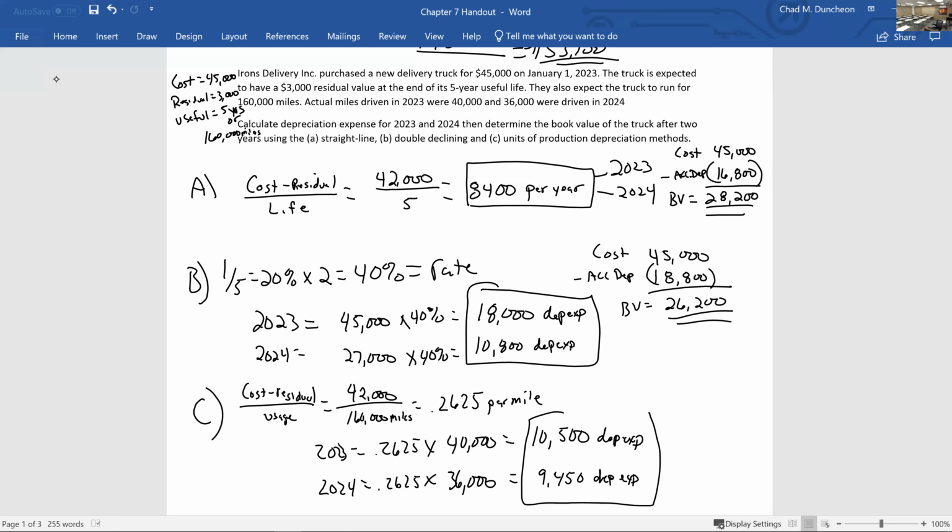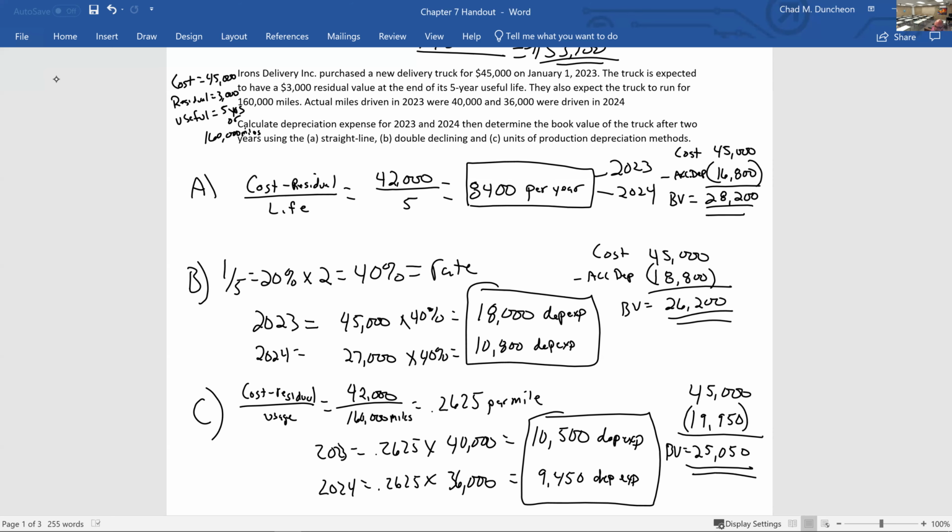So we get our depreciation expense for those 2 years as that. Book value again is the 45,000 minus the accumulated depreciation. The book value is what it's listed on the balance sheet as.